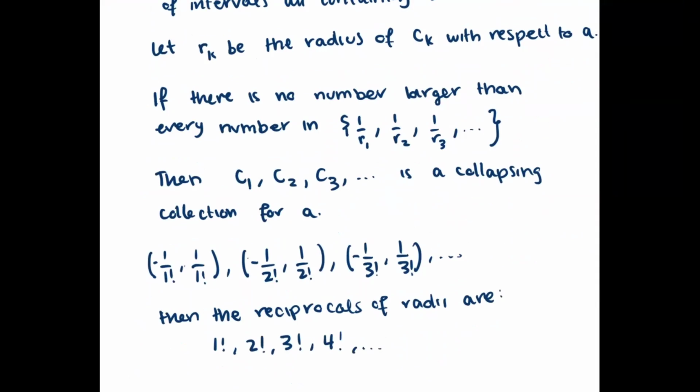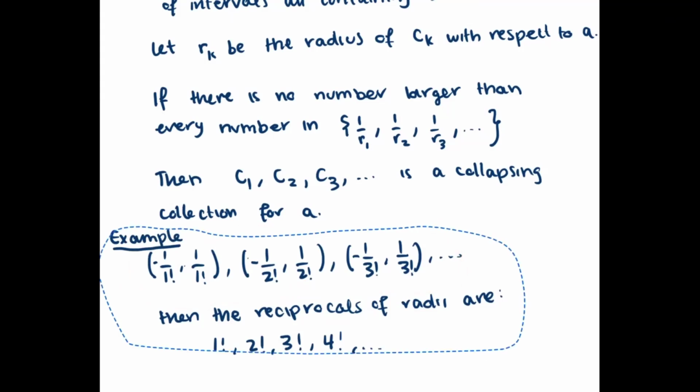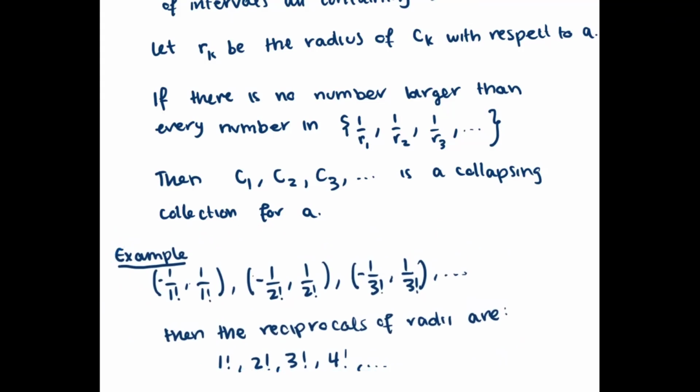These are just getting bigger and bigger and bigger, and so there's no number that is bigger than all of them. That tells me that this is a collapsing collection. So this is just an example of how to use this rule. Does that make sense?